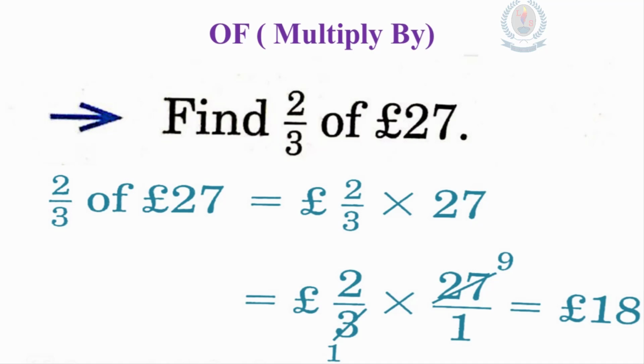Now when you multiply, 2 multiplied by 9 over 1 multiplied by 1, the answer is 18 divided by 1. Here is another rule that you have to remember: any number divided by 1, you get the same number again. So 18 divided by 1, the answer is 18.